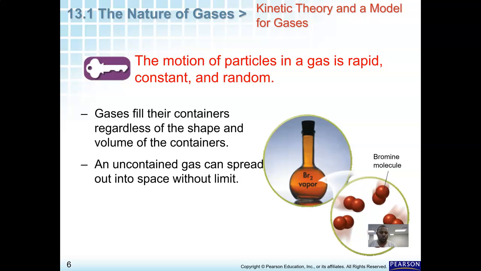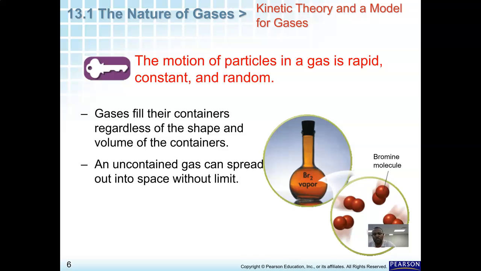A nitrogen molecule, for example, has an average speed of 343 meters per second. The same goes for oxygen molecules. But the heavier the gas, the slower it is, because the mass of the substance affects their speed in order to have a constant average kinetic energy.